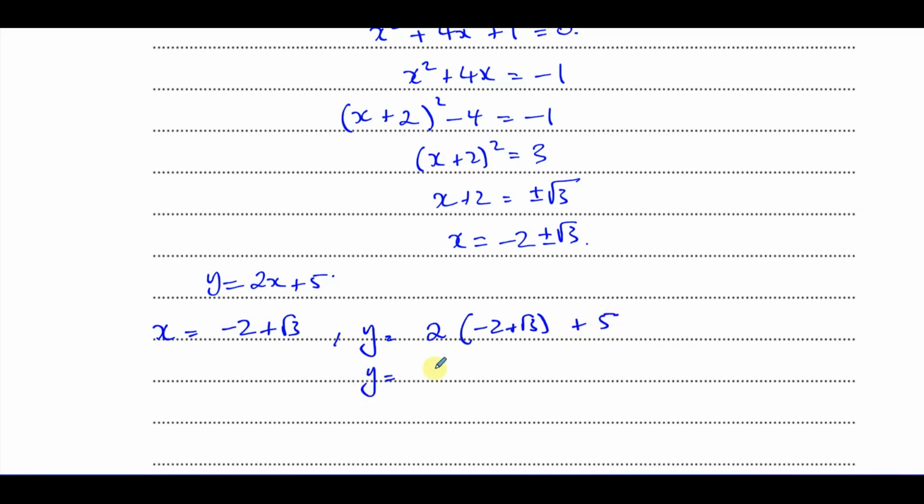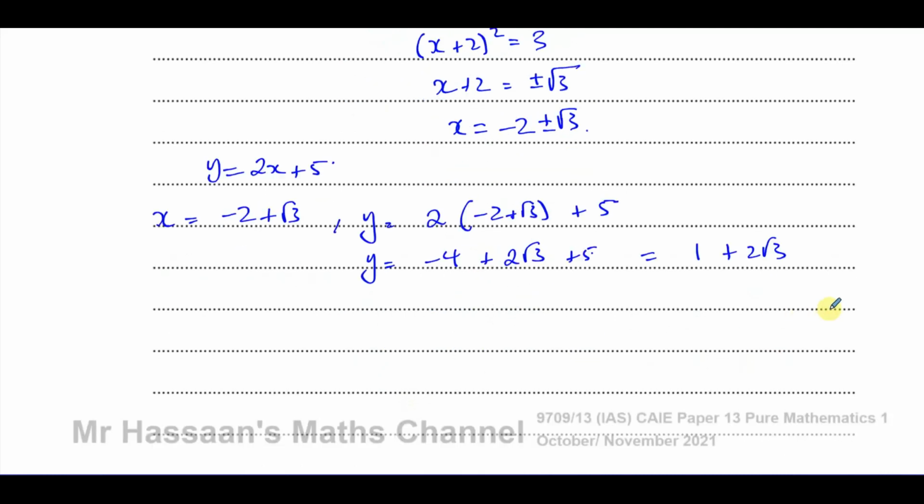So y is equal to 2 times the minus 2, which is minus 4, plus 2 times root 3, which is 2 root 3, plus 5. So 5 minus 4 is 1, and we end up with 1 plus 2 root 3. So that's one pair of values: x is minus 2 plus root 3, and y is 1 plus 2 root 3.